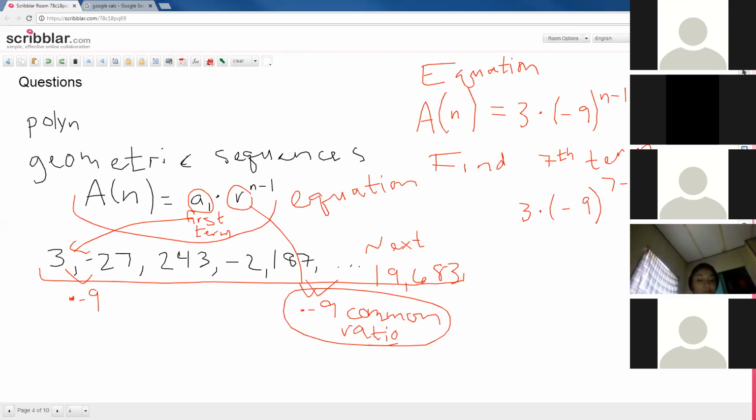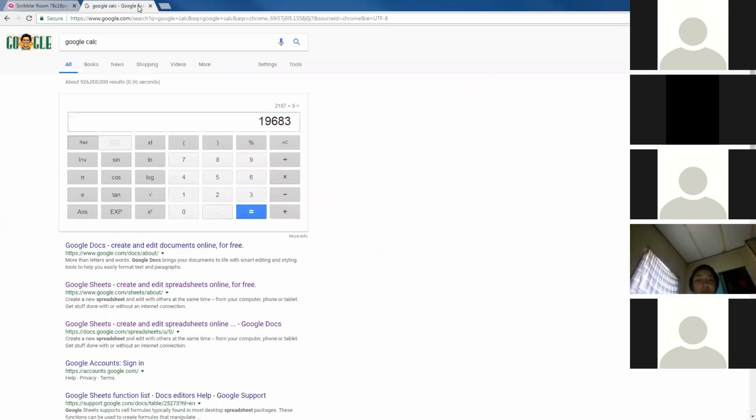When you go to plug this into a calculator, it's good to just do this -1 part first. You don't want to mess with the calculator with that part. So 7 minus 1 is 6. And then we just plug this in. So don't do this part by hand. It's really hard to do in your head. You really want to use a calculator.